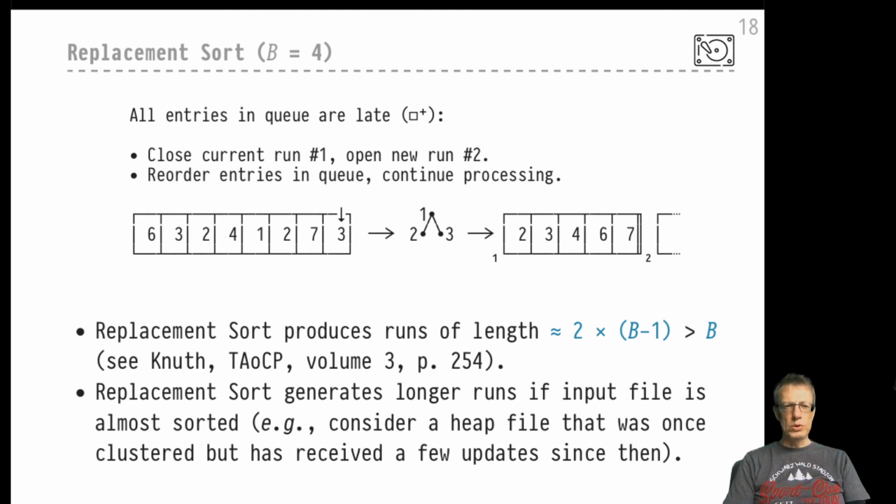Some of the rows have been changed, maybe some rows have been added to the end of the file, but the lion's share of the file will still be sorted. If we sort such files or cluster these files using replacement sort, then we will see quite favorable, very good behavior there. The creation of very long initial runs in pass 0.